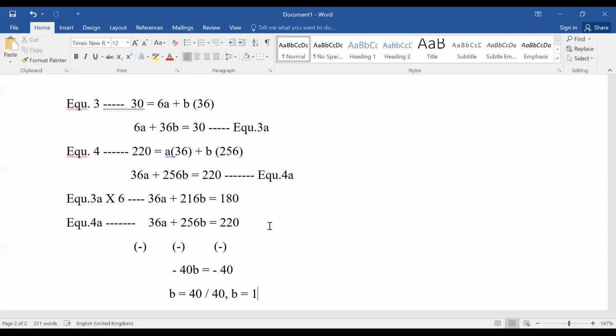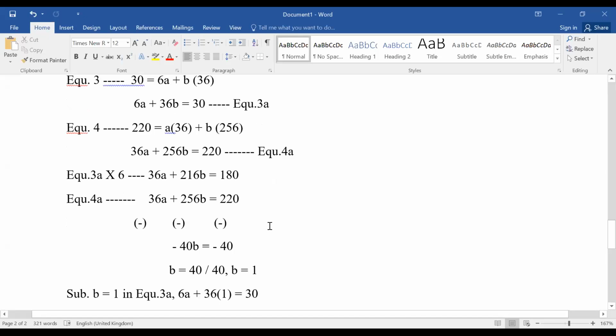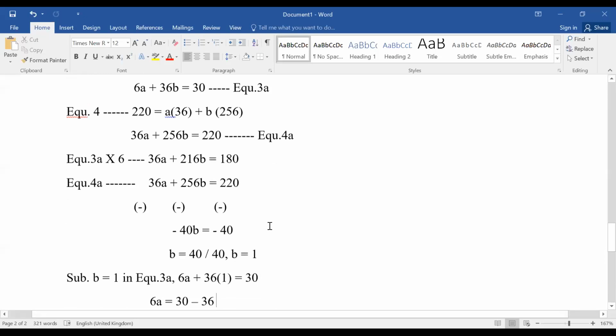After simplifying, we got b equal to 1. After finding b equal to 1, substitute b equal to 1 in any one of the equations and find out the a value.